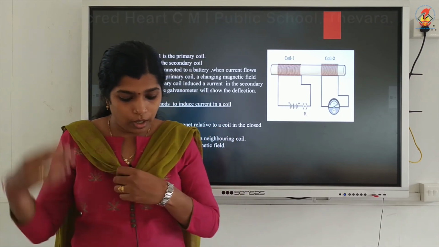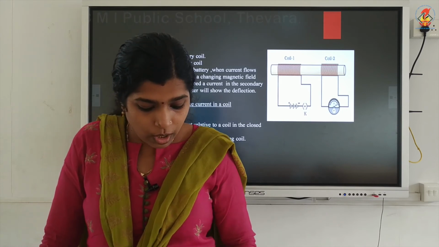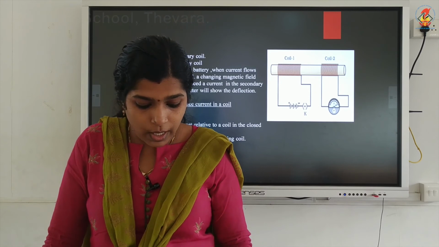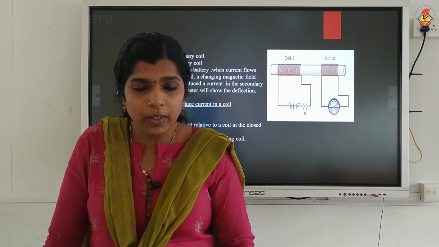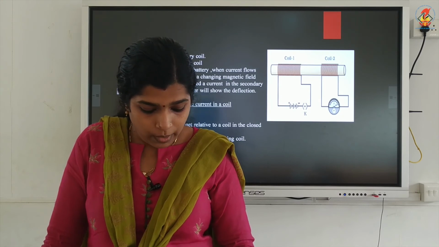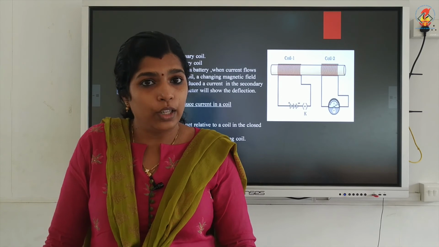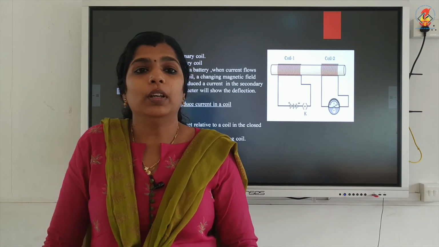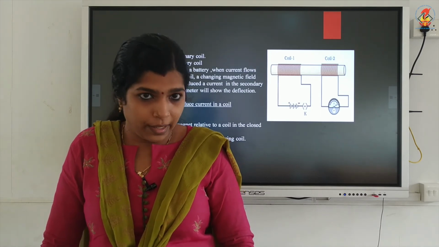That's given in your textbook, page number 235. Stretch the thumb, forefinger and middle finger of your right hand such that they are perpendicular to each other. Forefinger indicates the direction of the magnetic field and the thumb shows the direction of motion of the conductor. Then the middle finger will show the direction of the induced current.